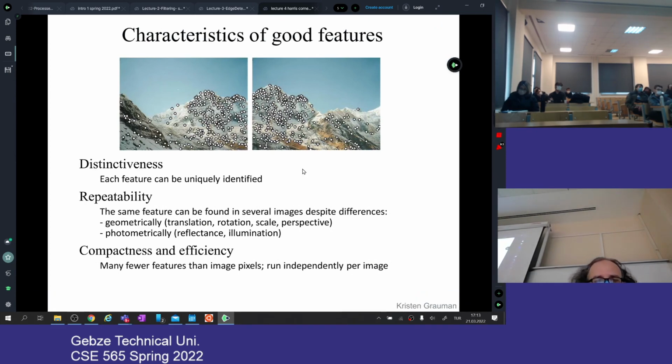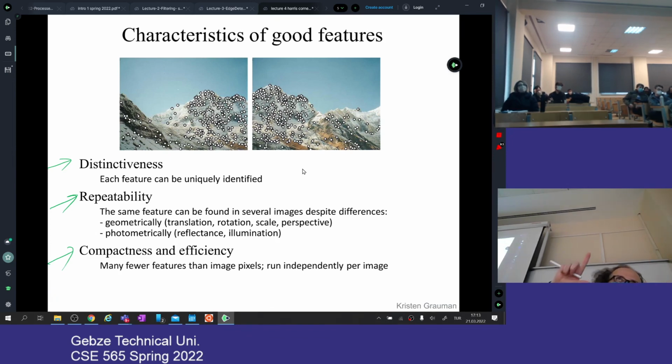So if we are going to find these kind of features, corner detection, it should be distinctive, repeatable, compact, and efficient. Distinctive means each feature can be uniquely identified. It is not just an edge, it is not just a corner, but I have features on it. You can distinctively say that it is this corner. It is repeatable. I can find the same point on different images.